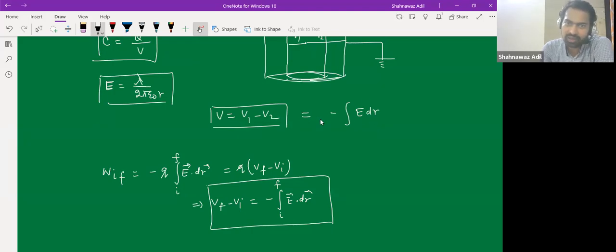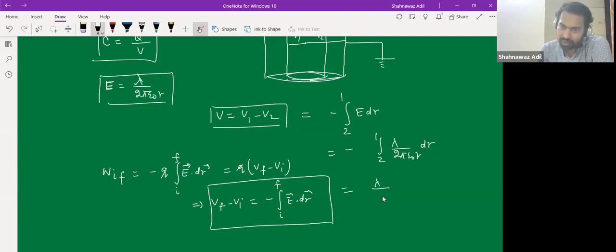So both are parallel, right? And then this is final, so this is 1 and this is 2. So this is the potential difference. We know that the electric field is lambda by 2 pi epsilon r, and this is dr.